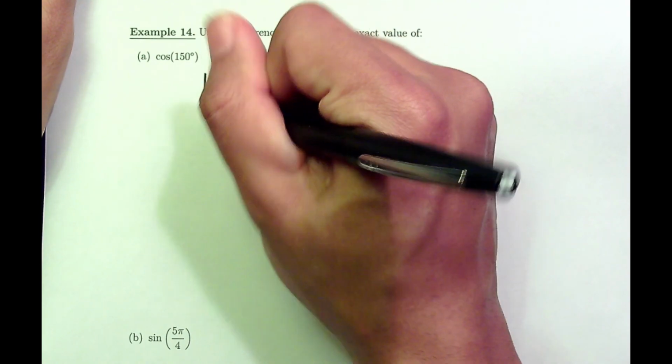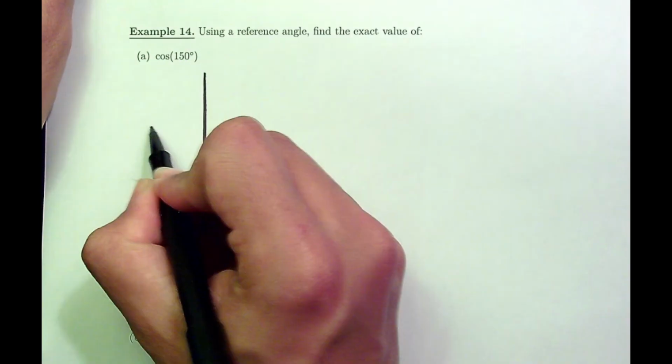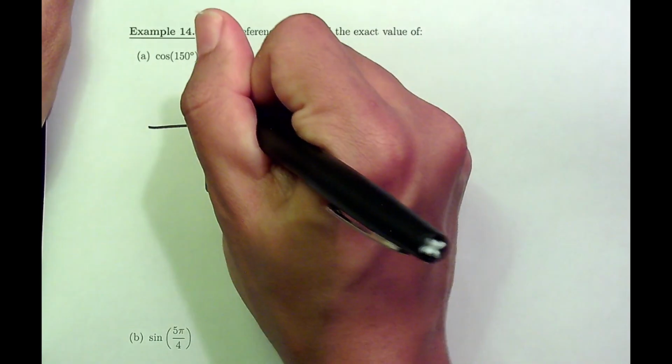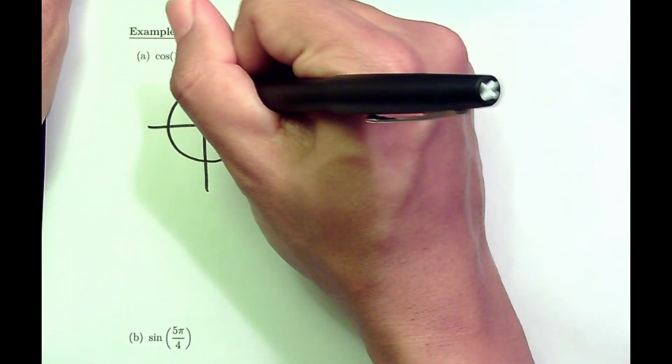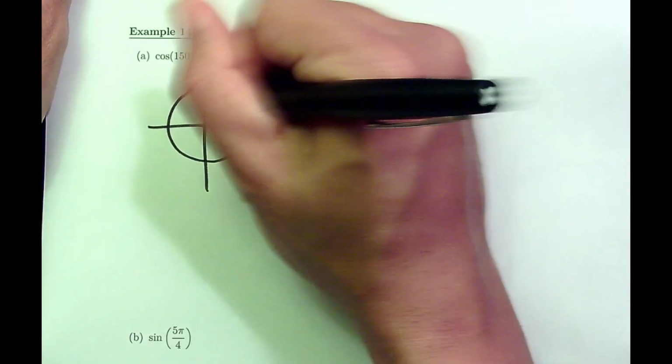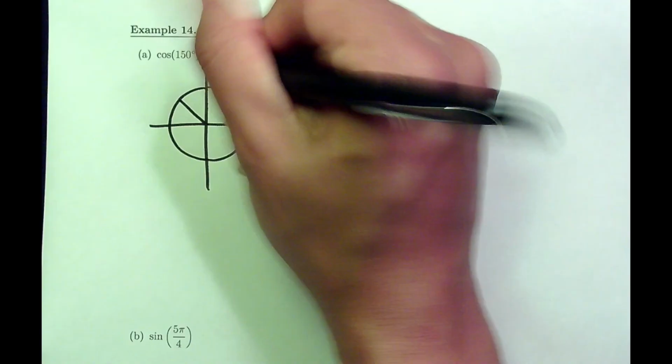We have to figure out what is the cosine of 150 degrees. So what I'm going to do is first draw 150. 150 is between 90 and 180, so it's in the second quadrant.